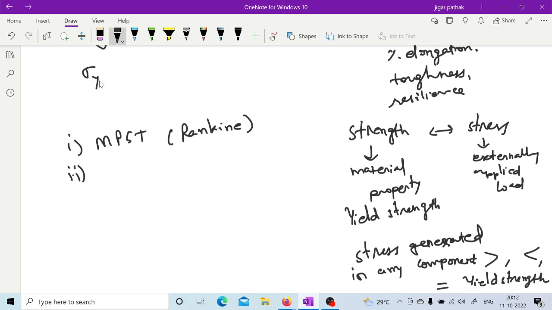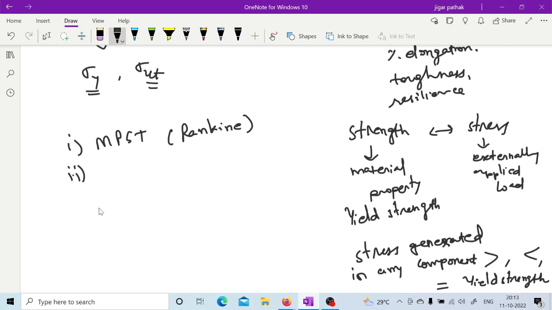For ductile it is yield strength, but for brittle you consider ultimate tensile strength. So when you simply say strength, it cannot be identified whether it is yield or ultimate tensile. You have to be specific about which strength you are talking about, whether yield strength, ultimate strength, or fracture strength.